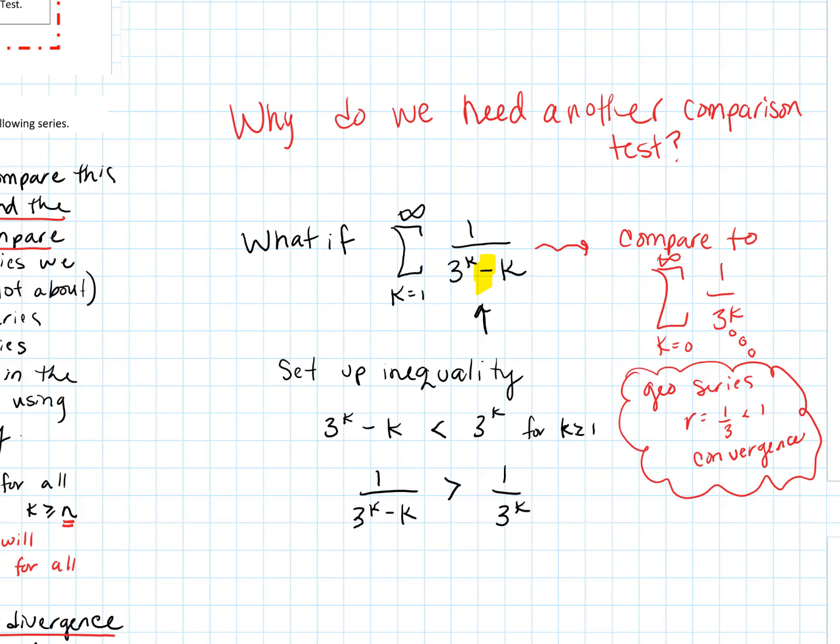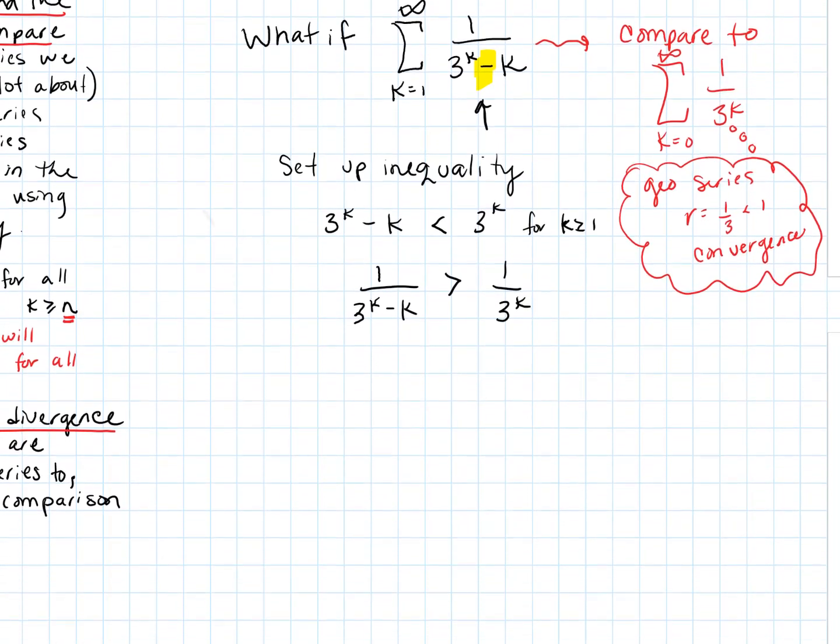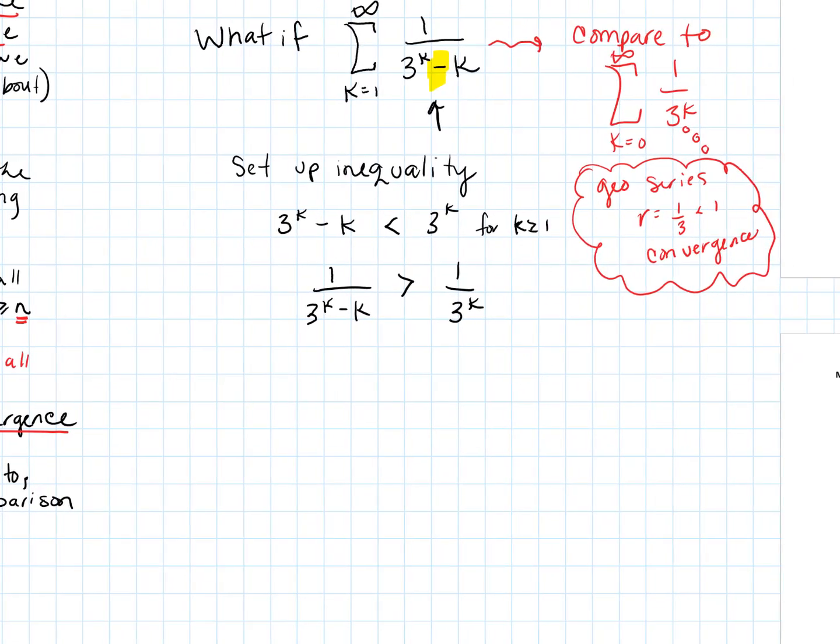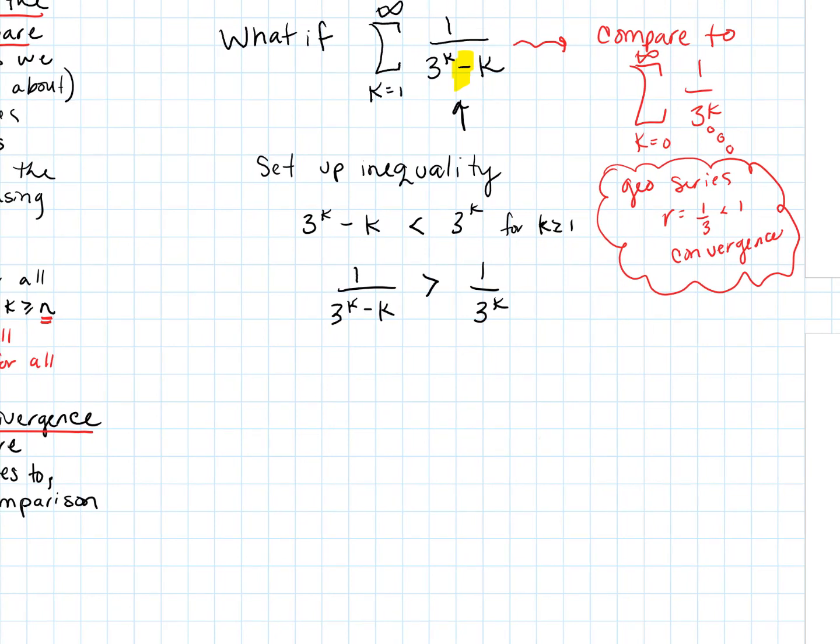And that is a problem for the direct comparison test, because we've got a bigger series. This guy converges, we already talked about that over here, geometric series. But the series we're comparing to is bigger than a converging series, so I can't apply the convergence test to this.